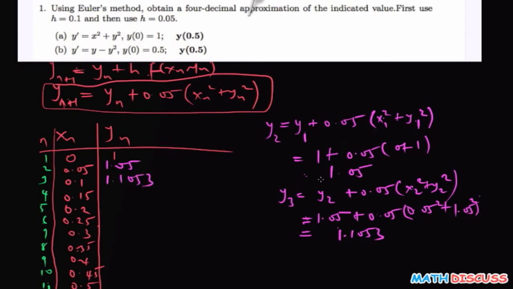So you continue the whole process in the same manner. When you keep doing that, the next one is 1.669. You should do this and confirm that your answers are the same.